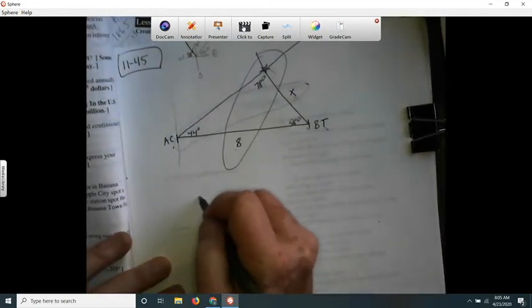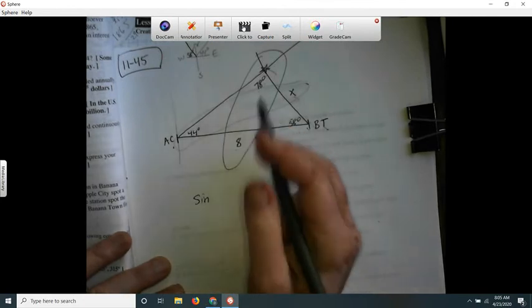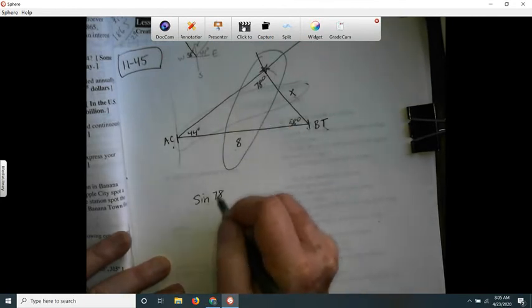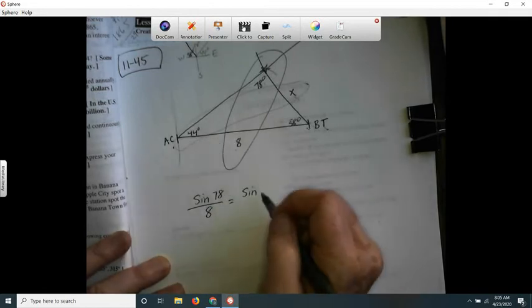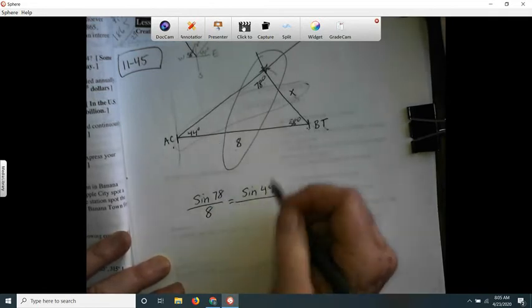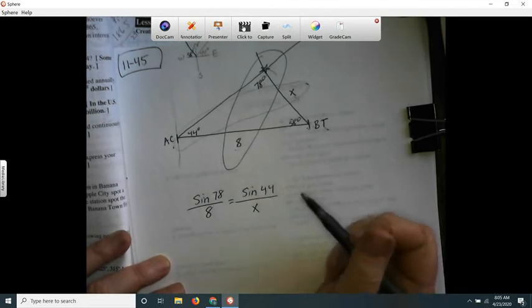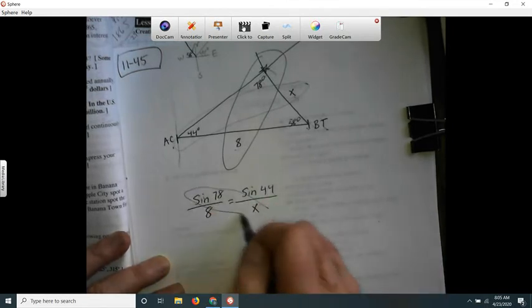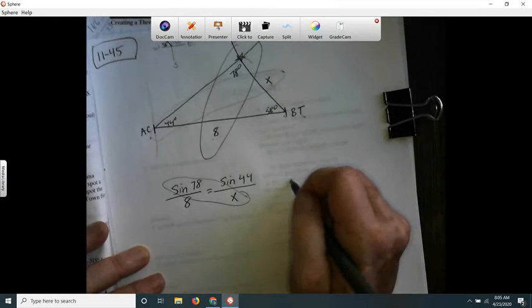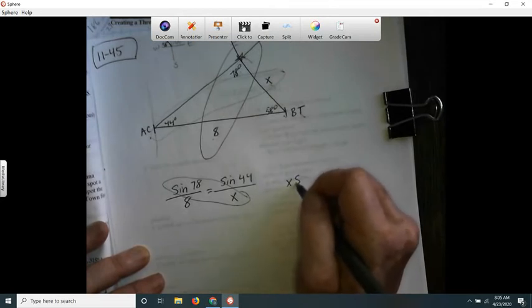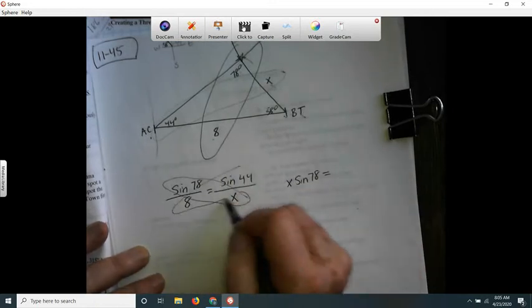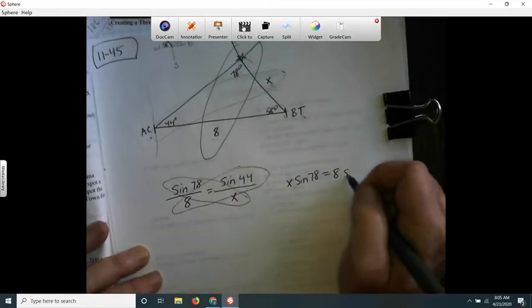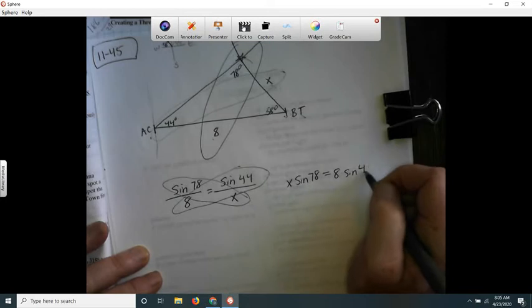So I'm going to say sine of 78 is to 8 as sine of 44 is to x. And then I always cross multiply. That gives me x times sine of 78 is equal to 8 times sine of 44.